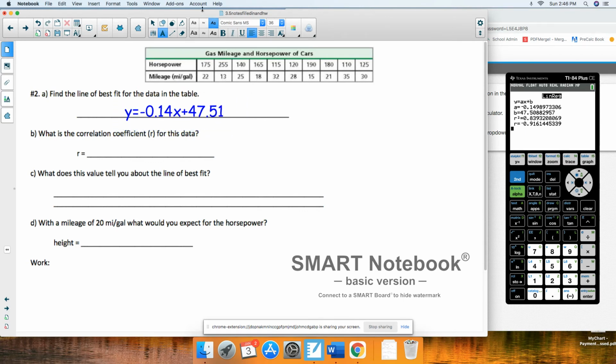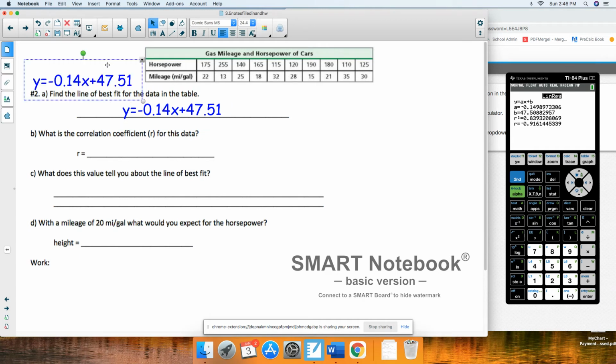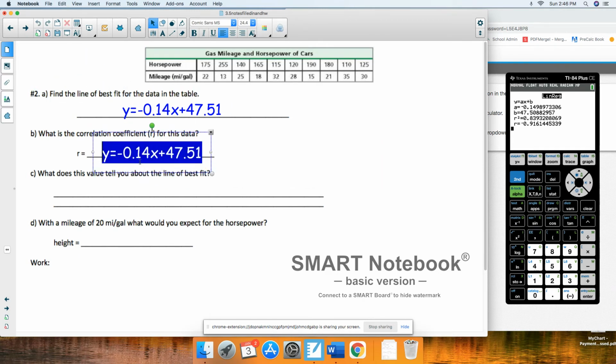All right, so that is our equation. For the r value, we have negative 0.9161445339. So that's our r value.